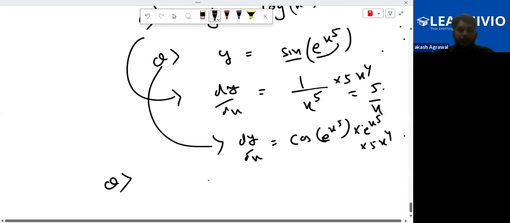Okay. One more question. y equals e to the power sine x to the power 4.